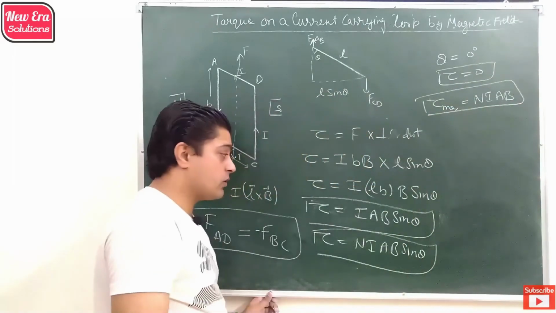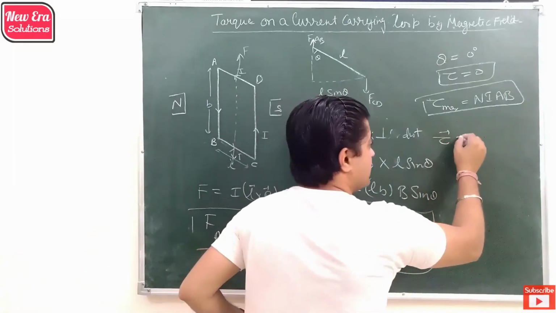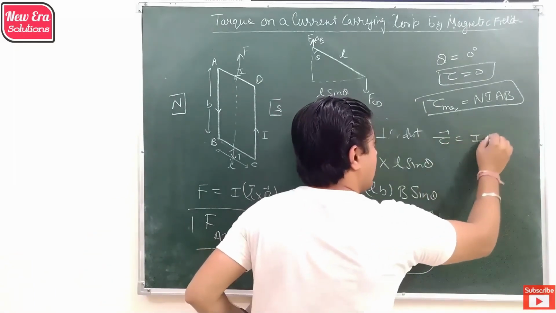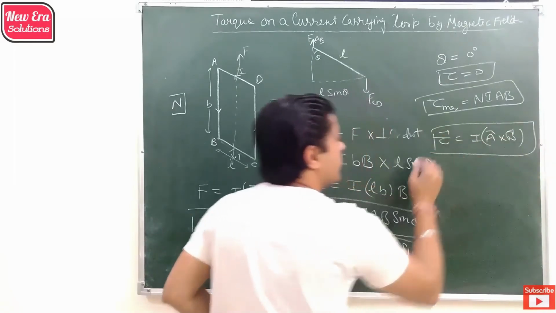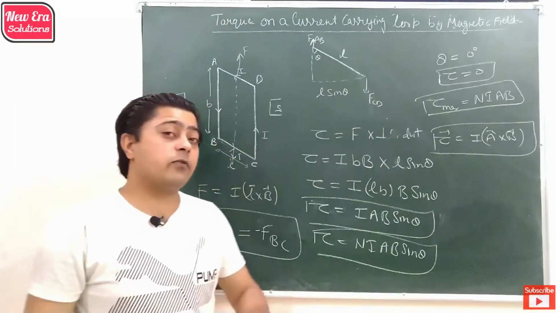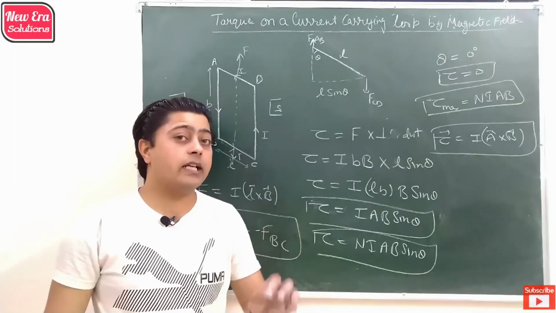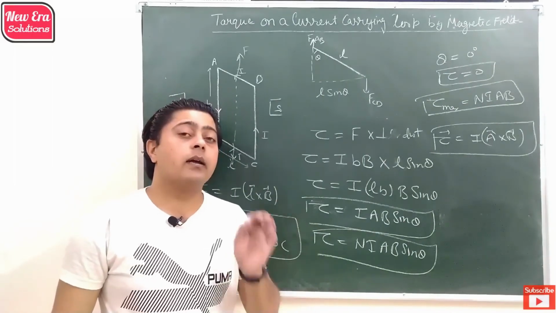If we talk about the direction of torque, it can be expressed in vector form, that is IA cross B. So by using this expression, we can find the torque on any current carrying loop by a magnetic field.